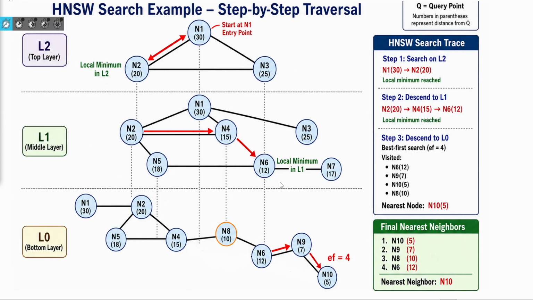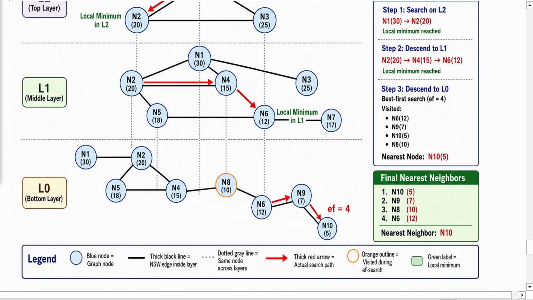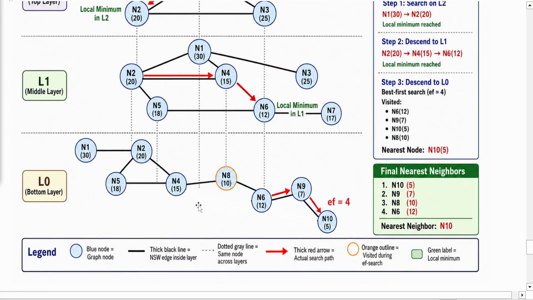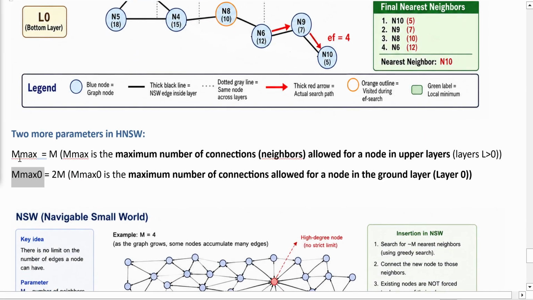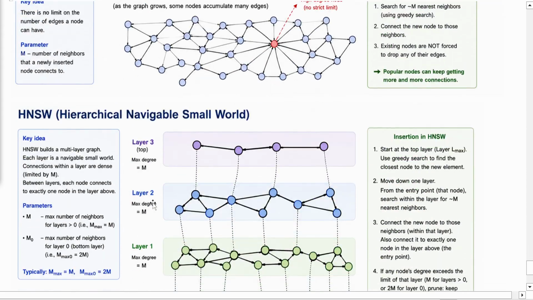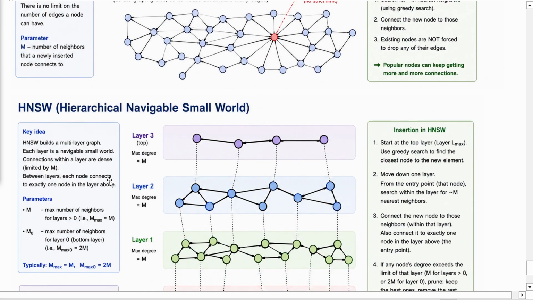Now let's go forward. There are two more parameters that we didn't discuss, that is mmaths and mmaths 0. Now what exactly is mmaths and what exactly is mmaths 0? Let's try to understand it with NSW and HNSW.